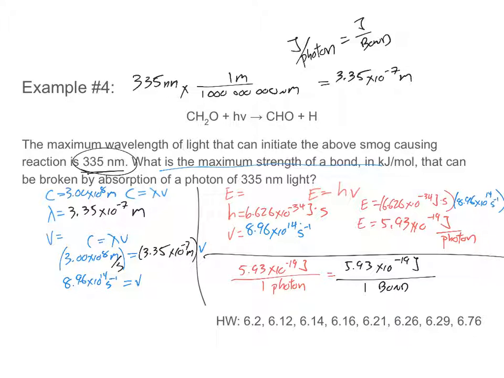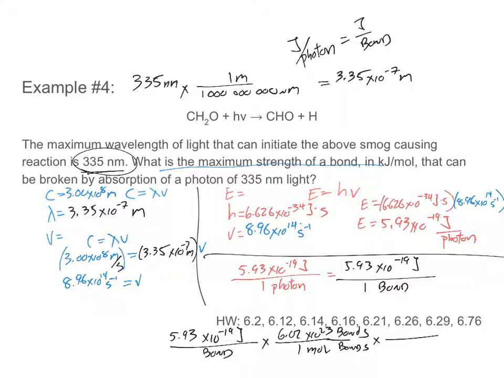So what that now allows me to do is figure out the amount of kilojoules per mole. And this is a back calculation, which is 5.93 times 10 to the minus 19 joules per bond. And I remember from a couple of slides ago that 6.02 times 10 to the 23rd bonds are equal to 1 mole of bonds.